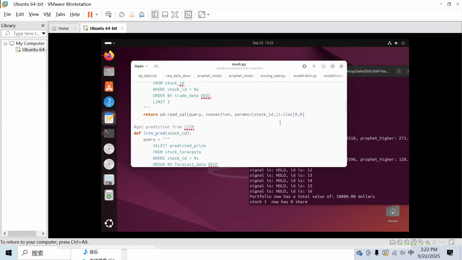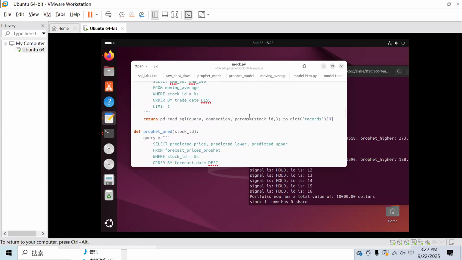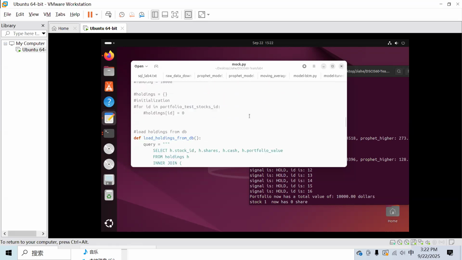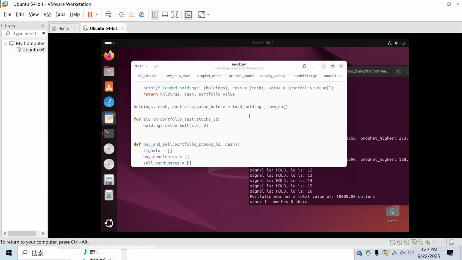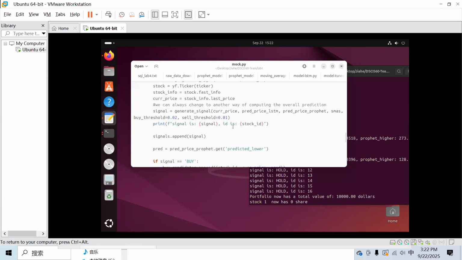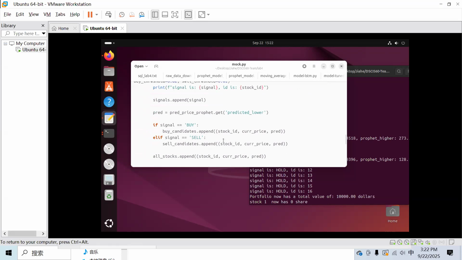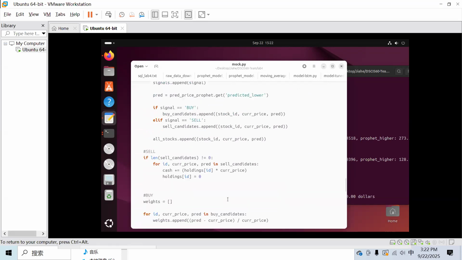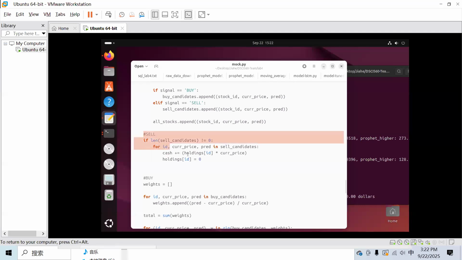Right now we have generated the signals for all the stocks, and then in this trade, we first sell all the stocks with a sell signal.